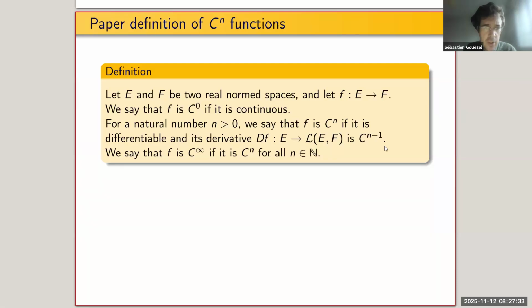Maybe I should say that there are also sometimes definitions in terms of partial derivatives in all directions, and it's a definition I like a lot less than the one I've written on the board, because it only works in finite dimension and it requires a choice of a basis.